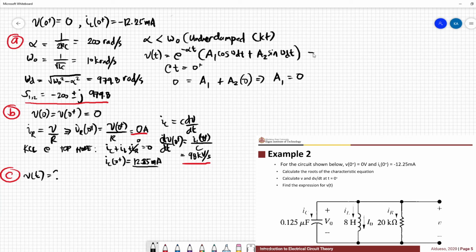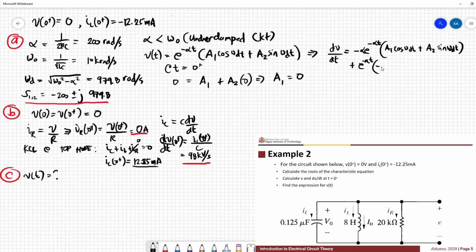So how do you find the value of a2? We need to derive this expression. dv/dt is equal to the derivative of a product: negative alpha e to the negative alpha t times this expression a1 cosine wd t plus a2 sine wd t, plus e to the negative alpha t and the derivative of this expression.